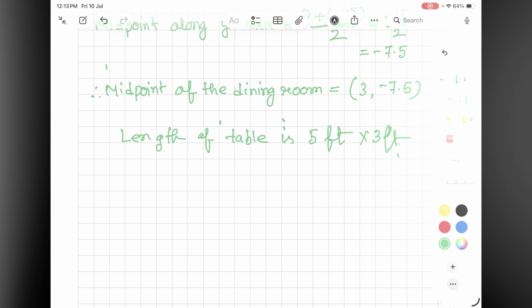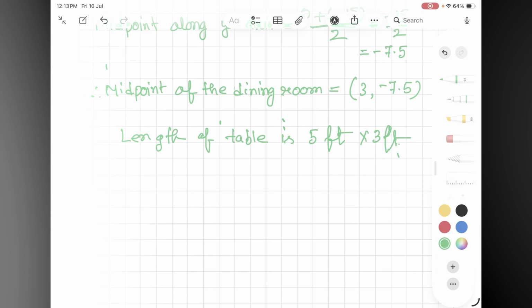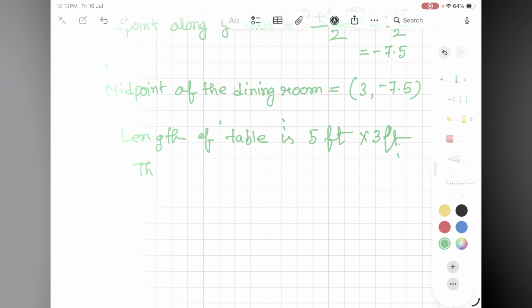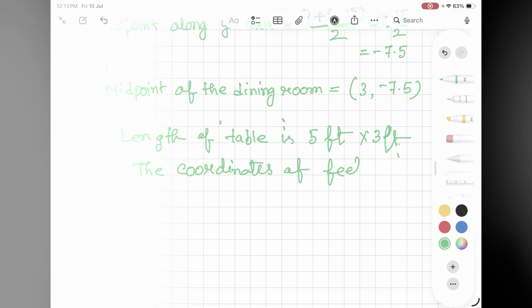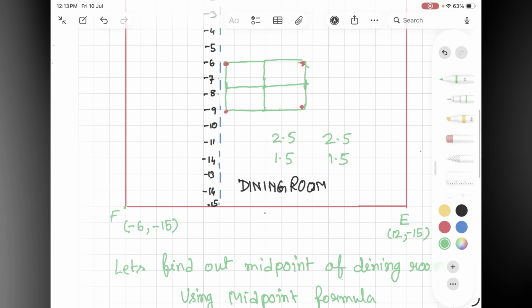So the coordinates of the dining table's feet. First one, let's find out.